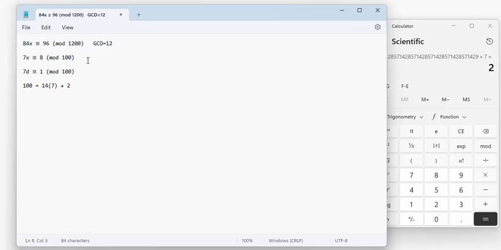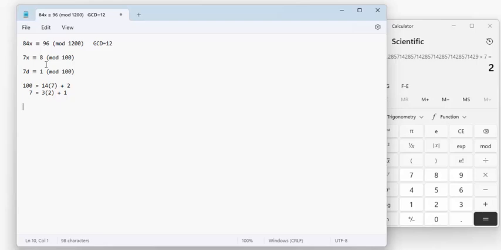Then next is 7 in terms of 2, meaning 7 divided by 2, which is 3, multiplied by 2. The remainder is 1. So when we get 1, we know that we can get the inverse of 7, which is d in this case.